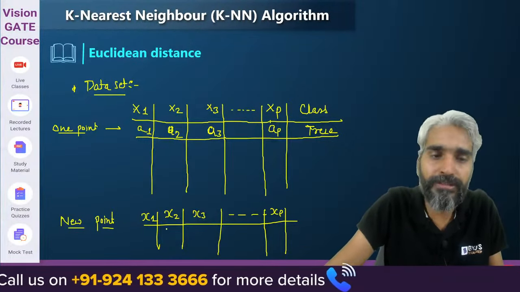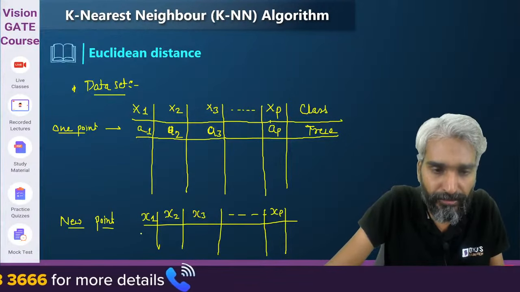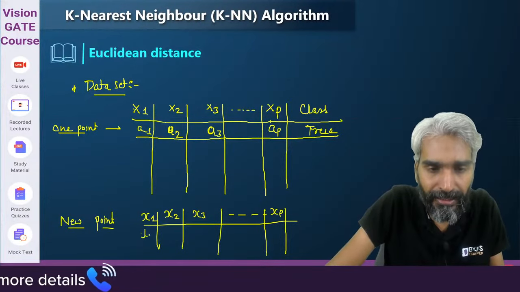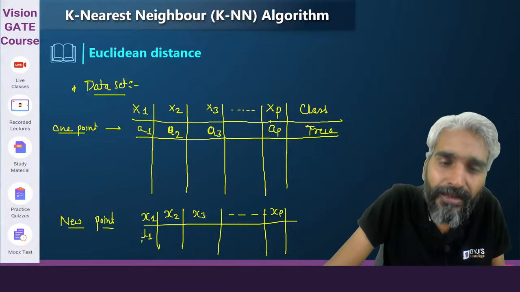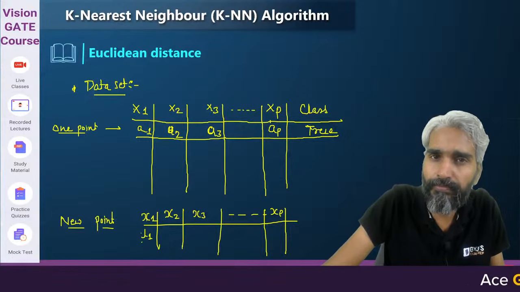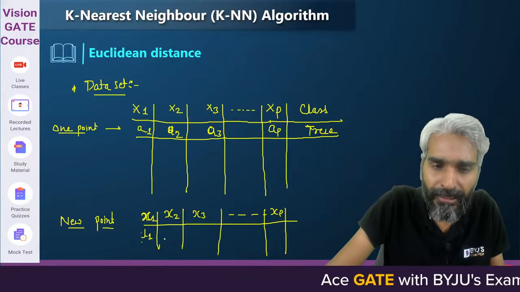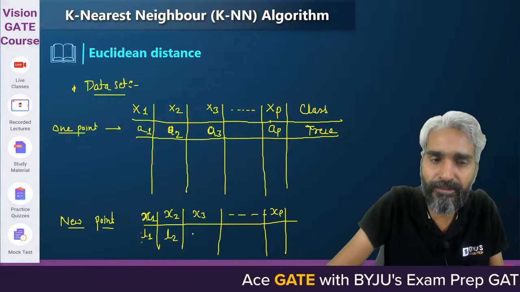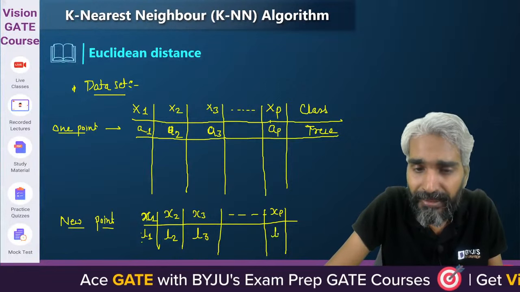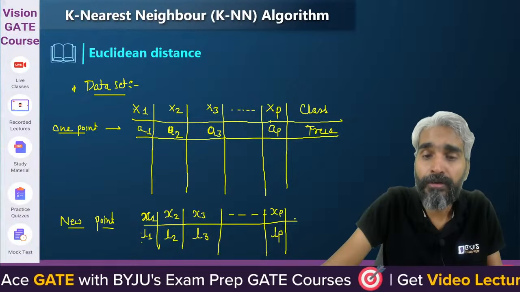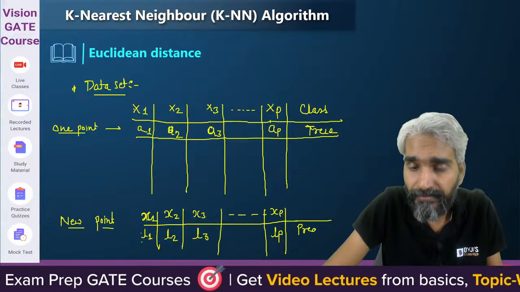So L1 is the value with respect to field x1, L2 is the value with respect to field x2, L3 with respect to field x3, and similarly LP with respect to field xp. Now you are trying to predict the class.